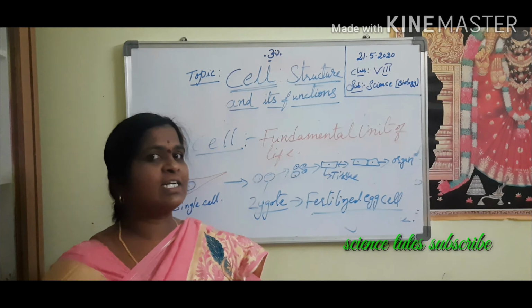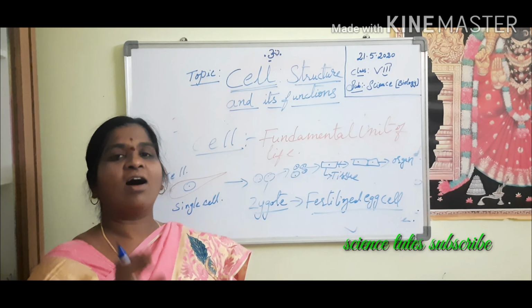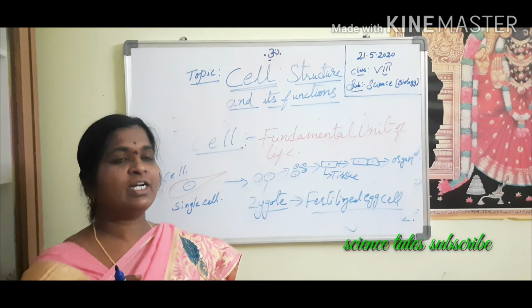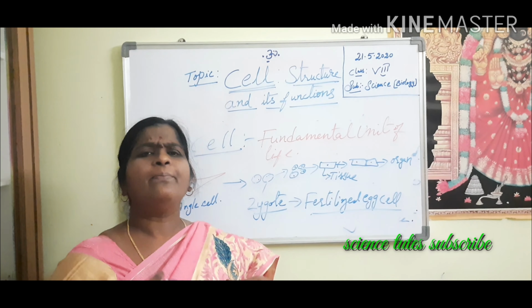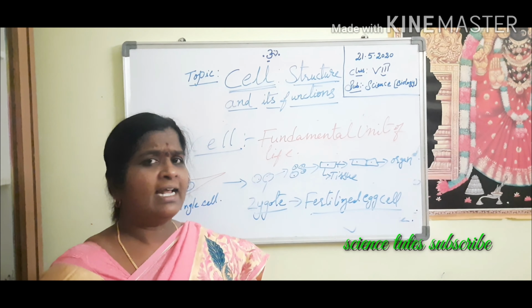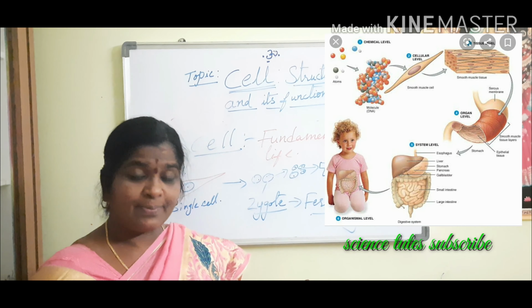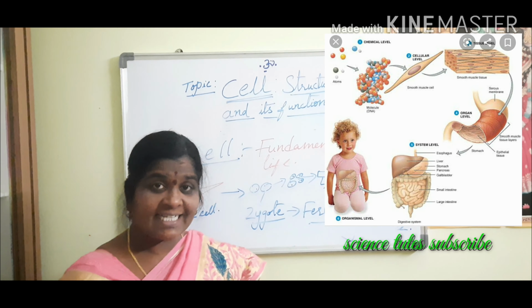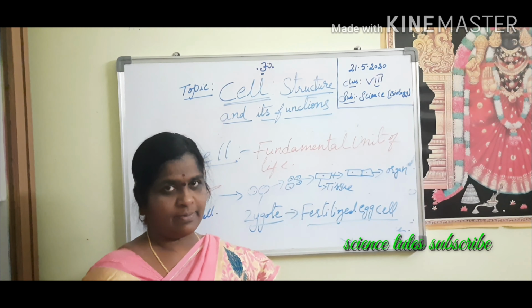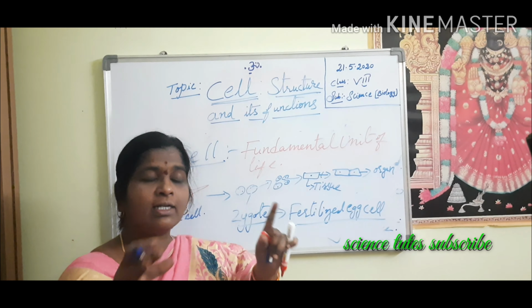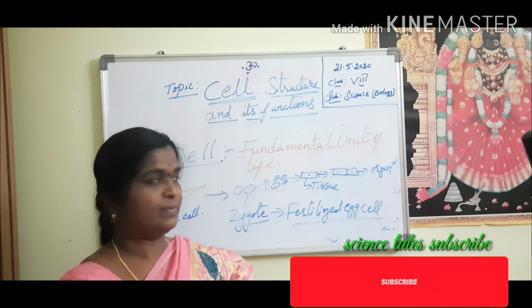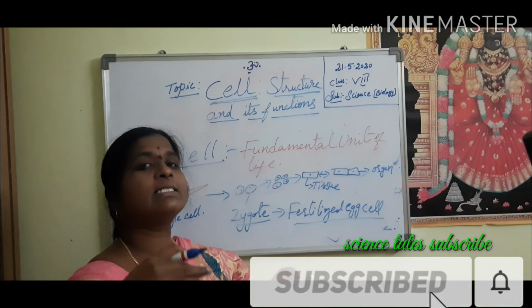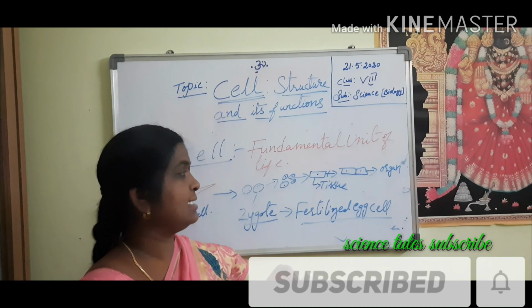A group of organs together forms an organism. In our human body, many organ systems are there, like the digestive system, respiratory system, excretory system and reproductive system. A group of organs work together to perform a certain function.